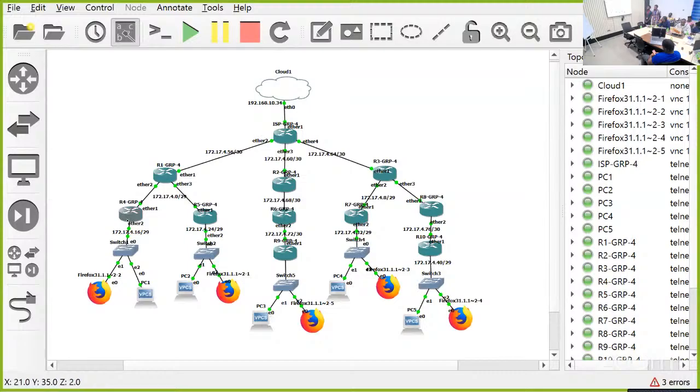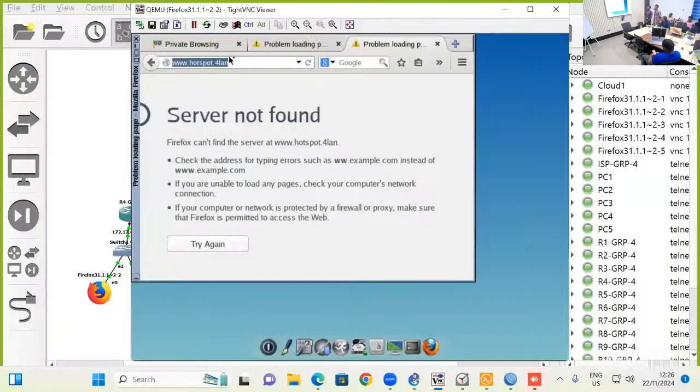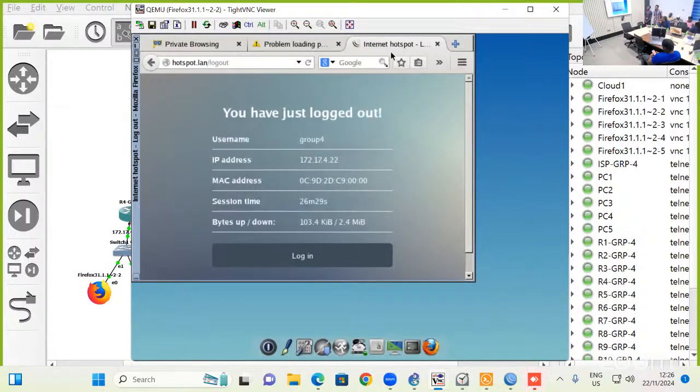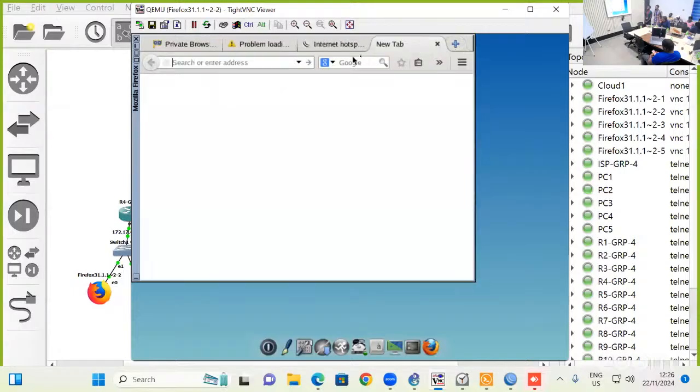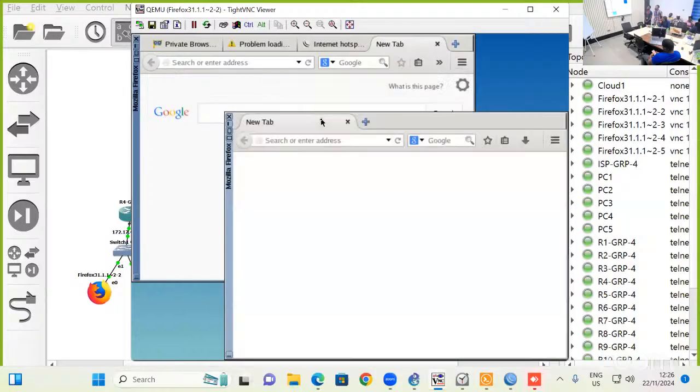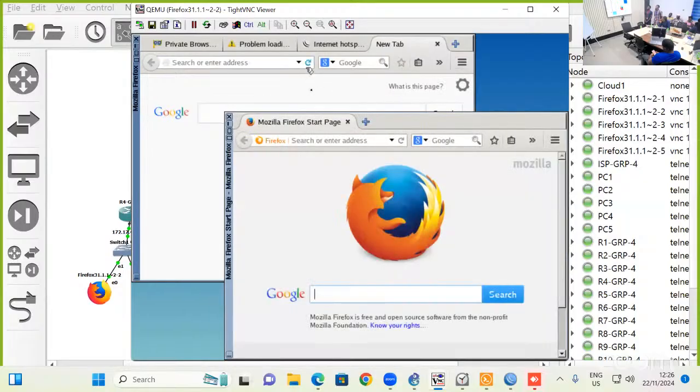Okay, what's the IP address of the router facing the hotspot? The IP address of the router is 172.17.4.17. Yes. So what's the name of the hotspot page?